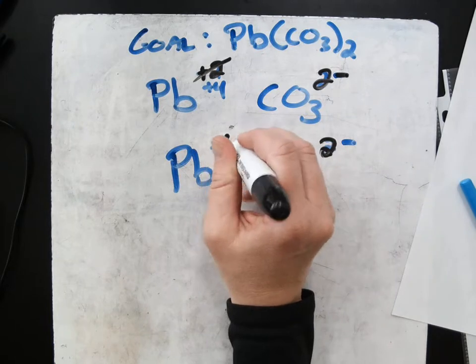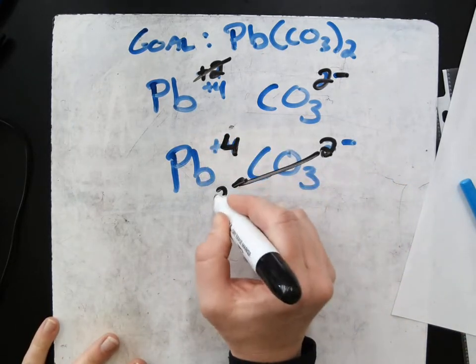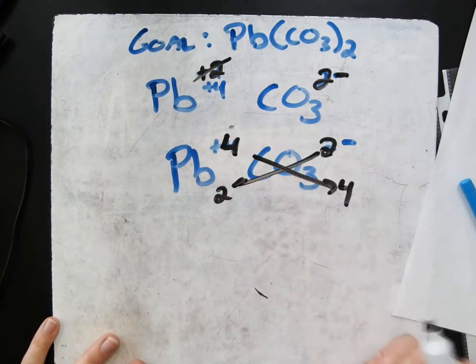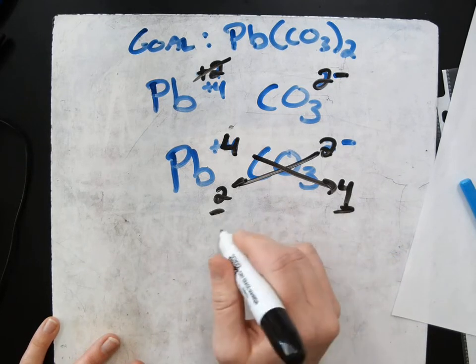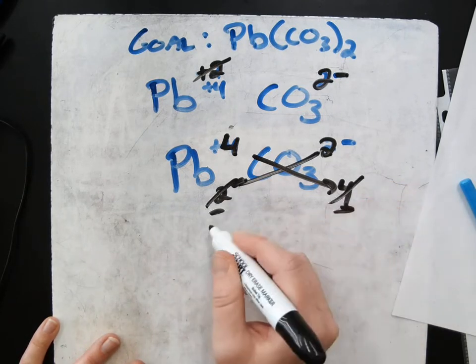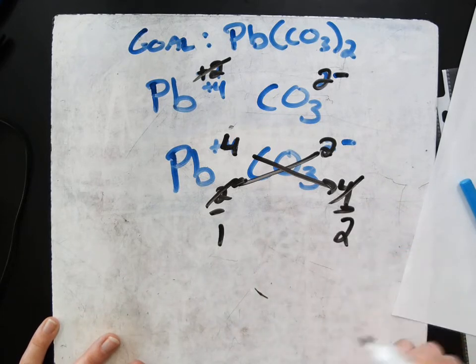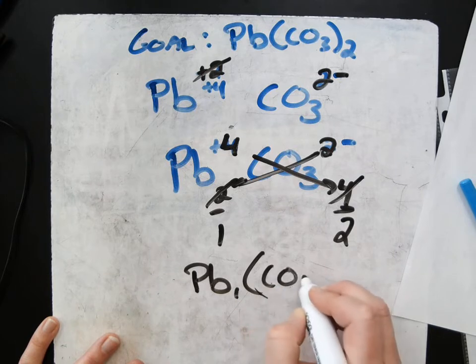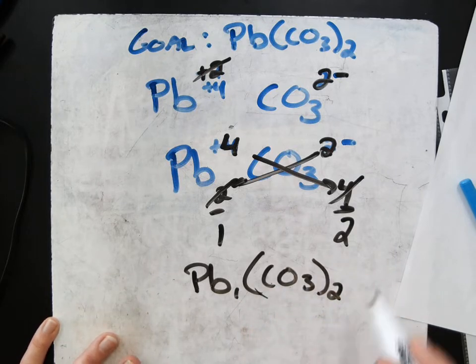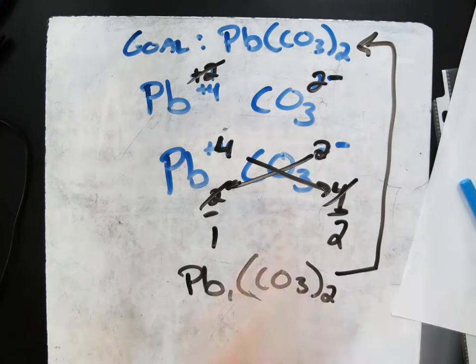So that bit of logic can just get you to the answer. Or you can cross the charges, but you have to cross them and reduce them. You have to reduce this 2-to-4 ratio to a 1-to-2 ratio. And you end up with our goal. And we did all of that to answer the question of, what's the Roman numeral on the lead?